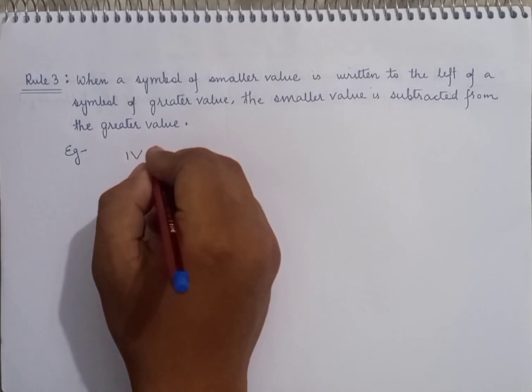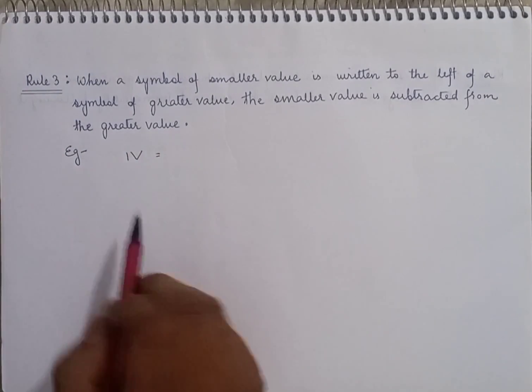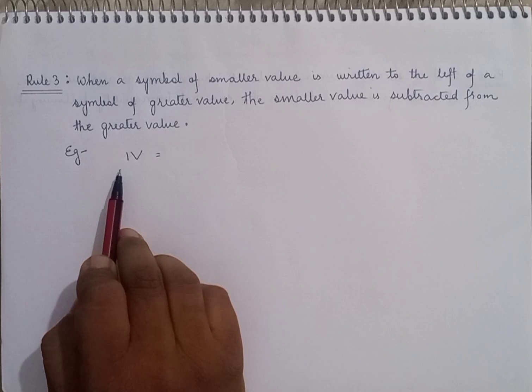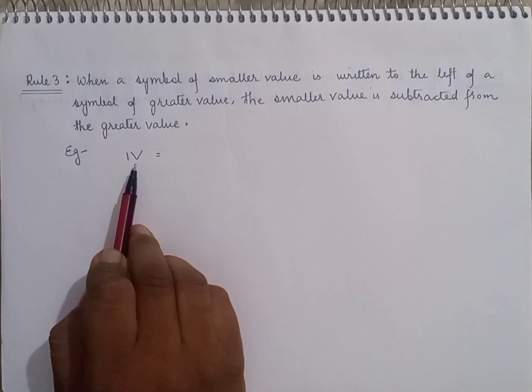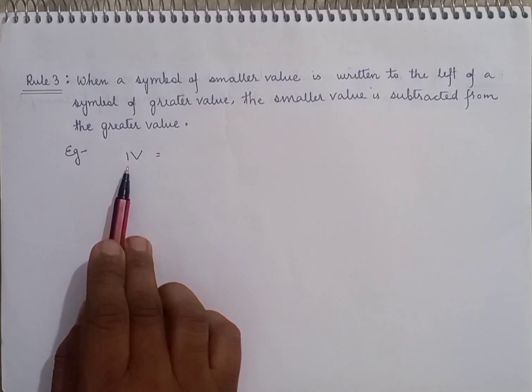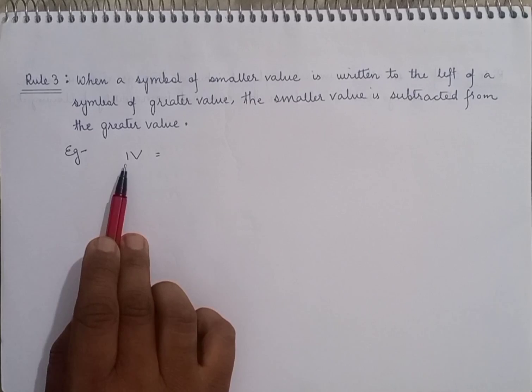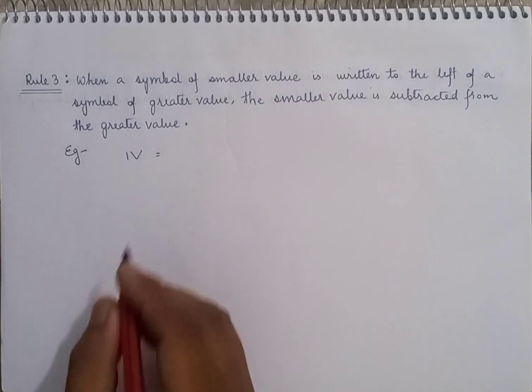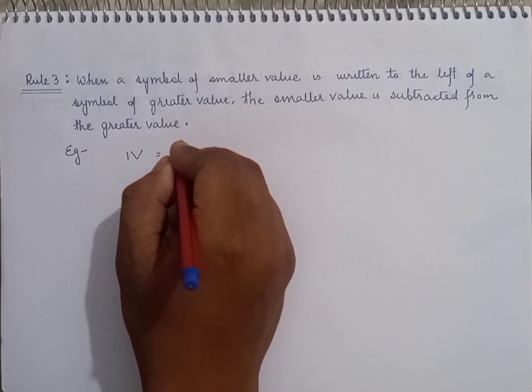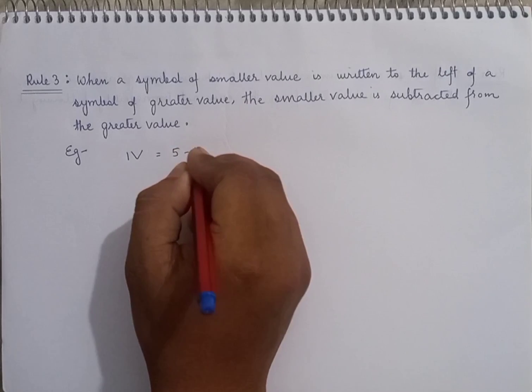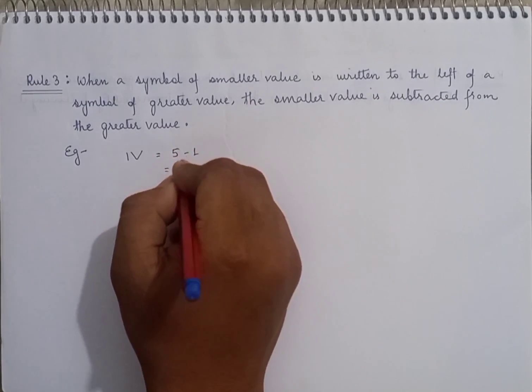I and V. I is the character with smaller value and V is the character with the greater value, right? And the smaller value, that is the I, is written to the left of the symbol with greater value. So this will be subtracted. So 5 minus 1 will give you 4.